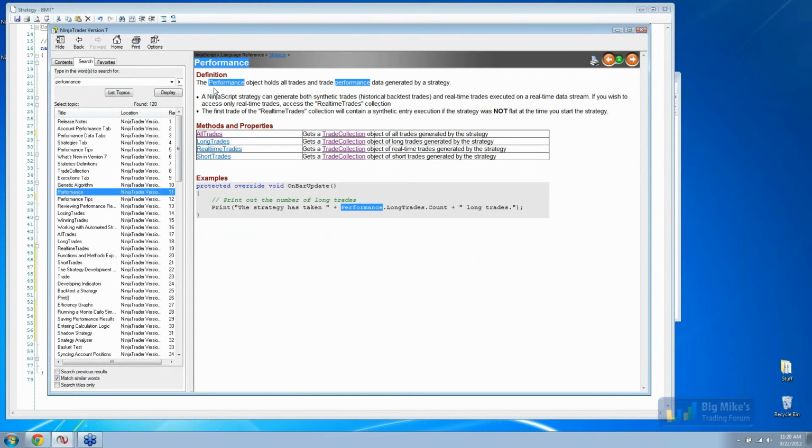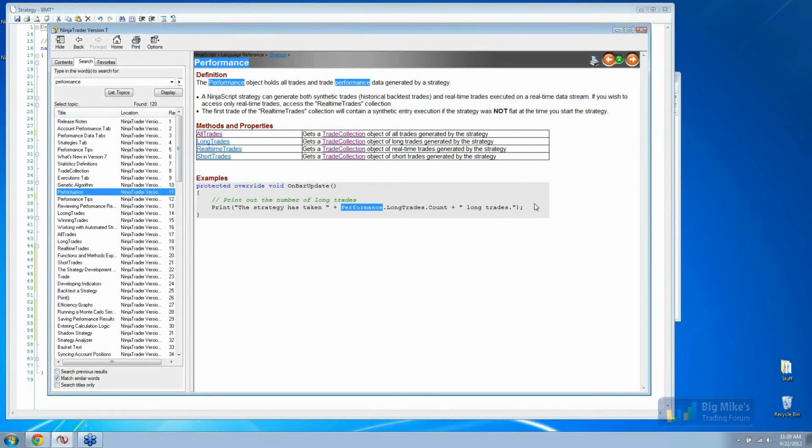And basically, a performance object holds a trade collection. You need to think about all three of these objects that I just mentioned as a whole system. So a performance object basically holds trade collections.